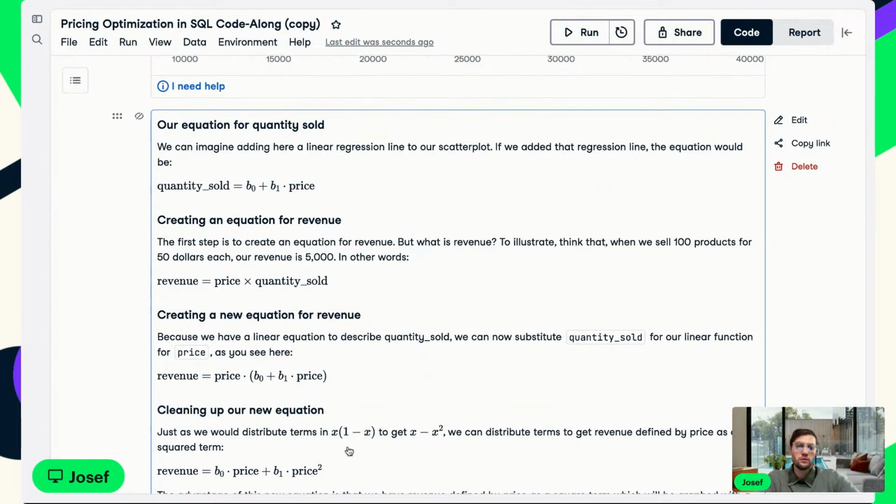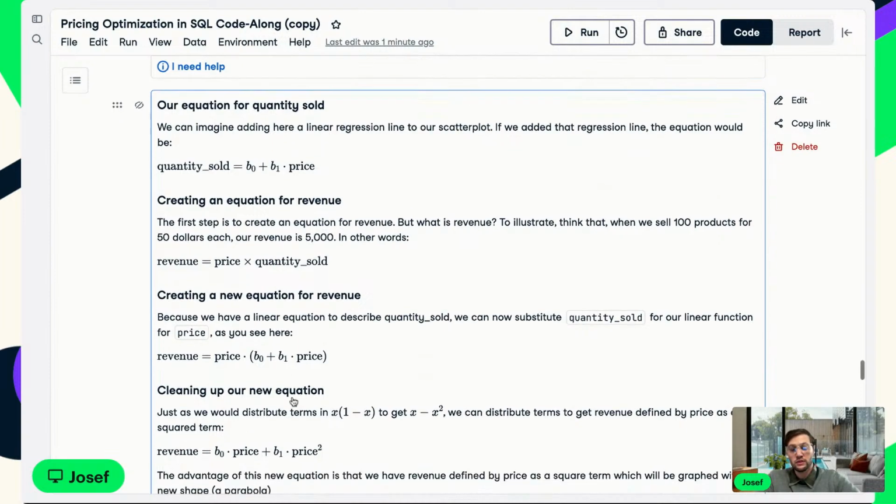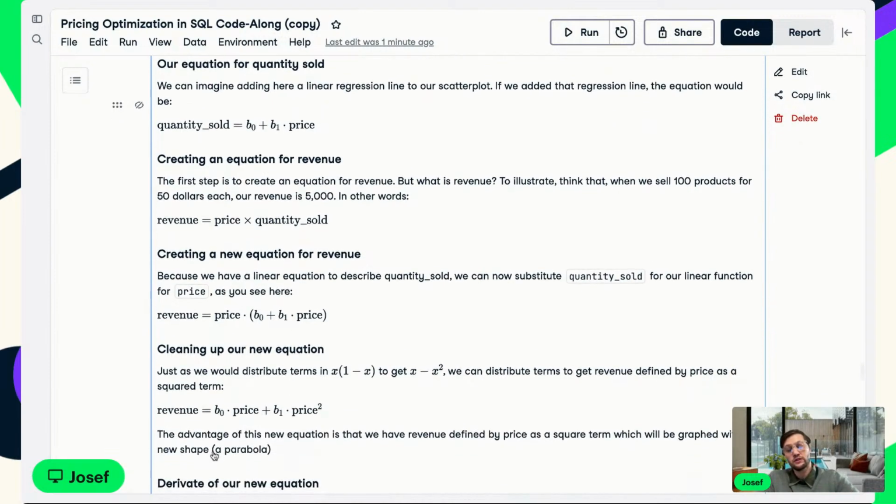And just as you would distribute terms, you have x times 1 minus x, and that would equal x minus x squared. You can distribute terms here and end up with a definition of revenue as beta 0 times price plus beta 1 times price squared.